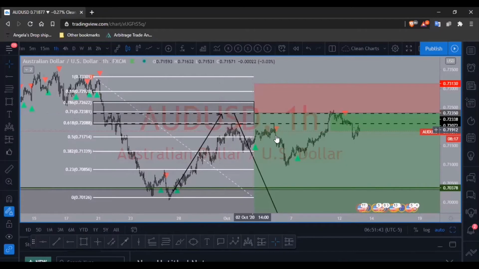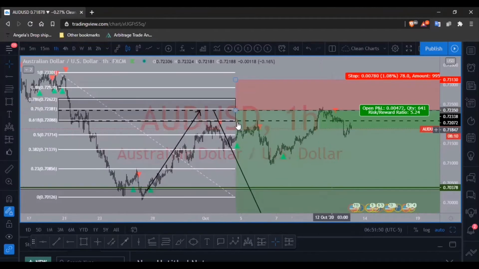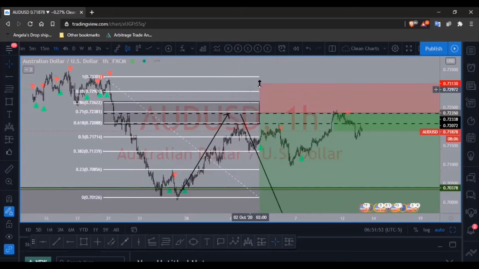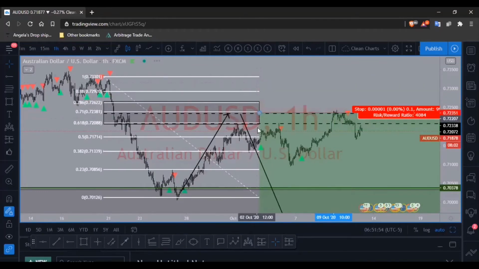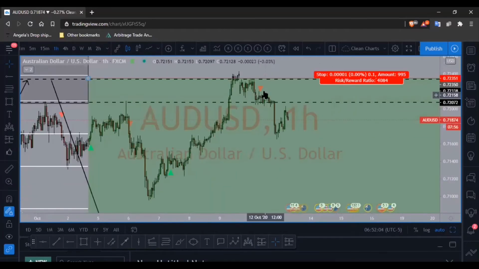Sold a little bit early, took like a 20 pip stop loss. Then I waited for price to come back up here again. Finally did. This is what happens when patience pays. Stop loss is at break even on this trade, because I literally had zero drawdown on that. Already got the sell call on the 1 hour time frame. Life is good.